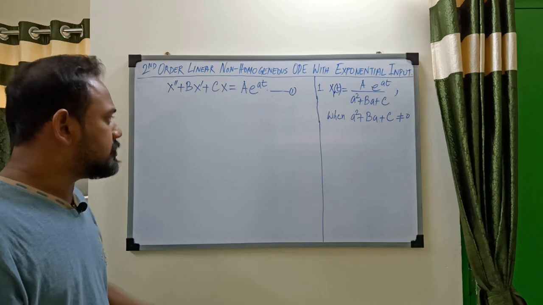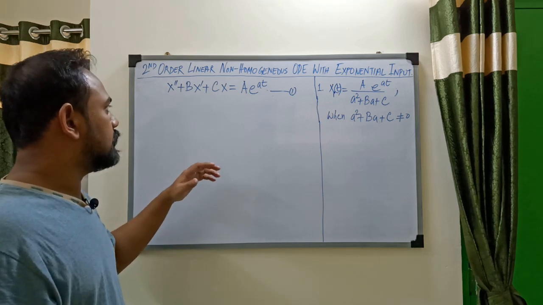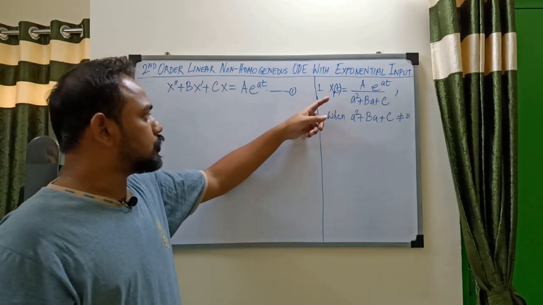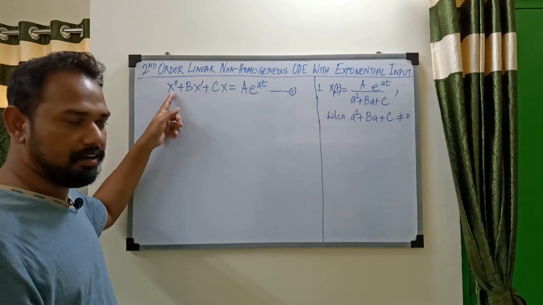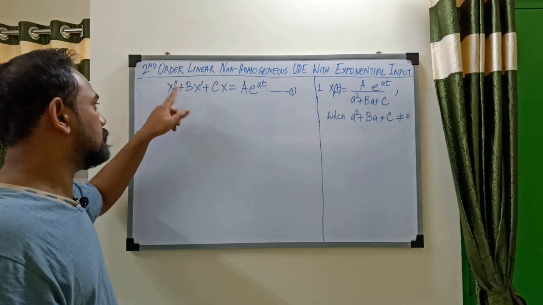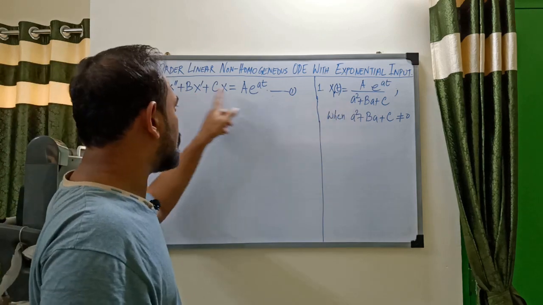Now, in the previous lecture, we have solved a part of it. When this quantity, this factor, if you bring it down here and instead of x double prime, you put a square, instead of x prime, you put a.